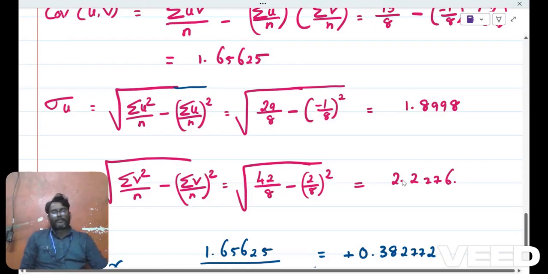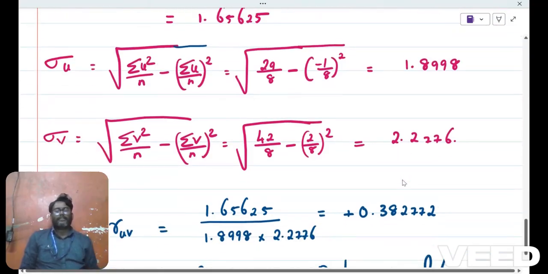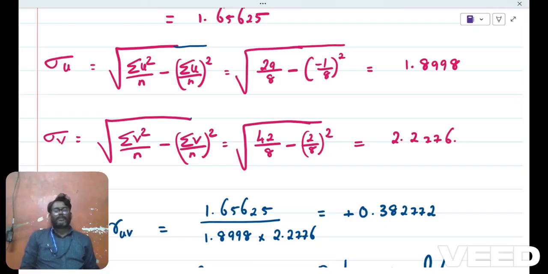Next we compute sigma v, the standard deviation for v, the square root of sigma v square by n minus sigma v by n the whole square, that is 42 by 8 minus 2 by 8 the whole square. If we use the calculator and simplify this, we will get the value as 2.2776.